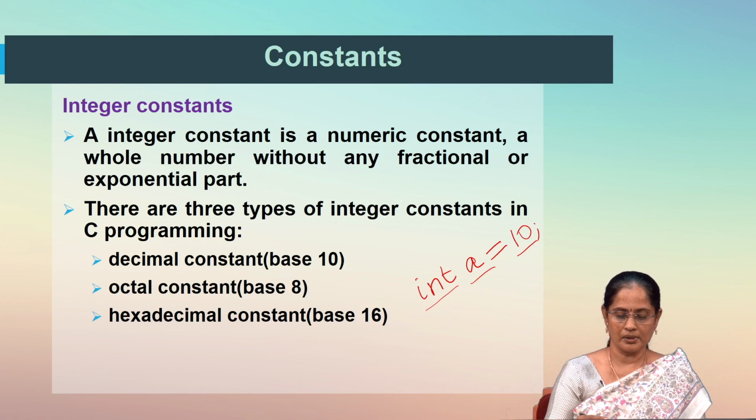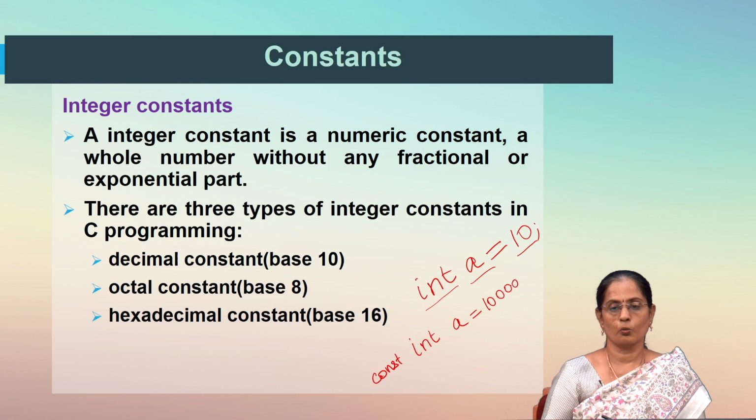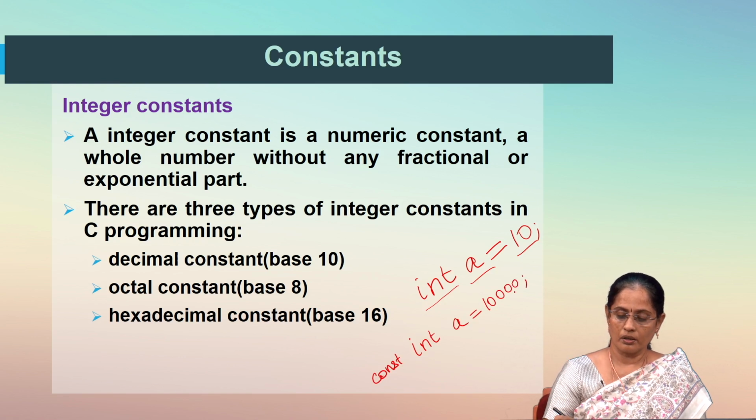Say for example, const is the keyword to define a constant, so when I give const int a equal to 10,000, it includes the number system from 0 to 9. So, it goes with the decimal number system, and we call this a decimal constant.